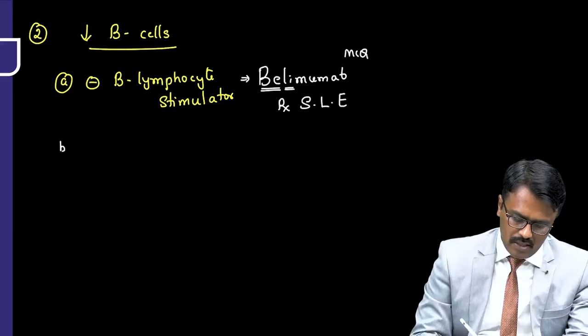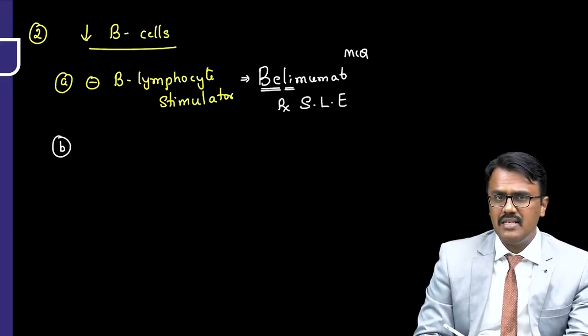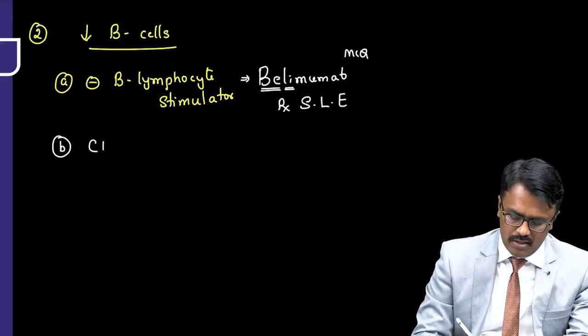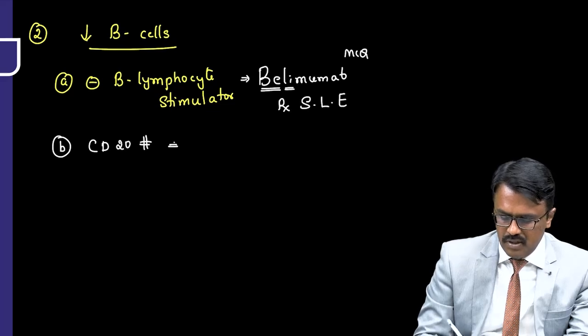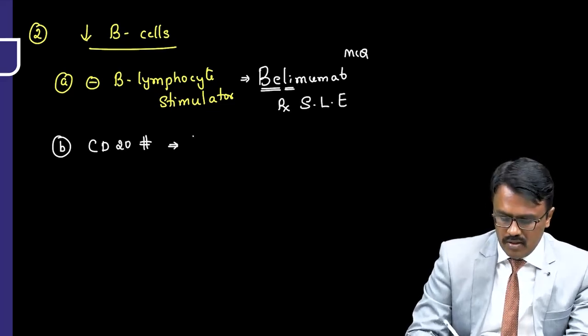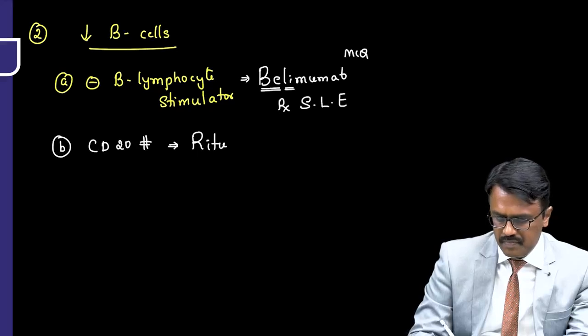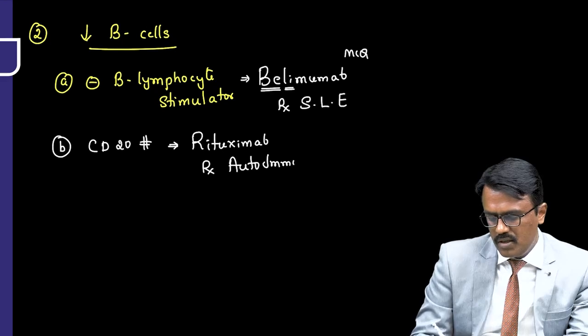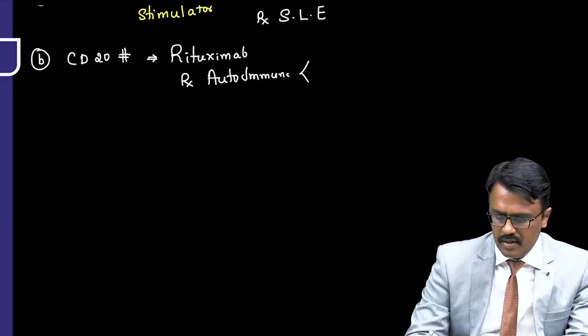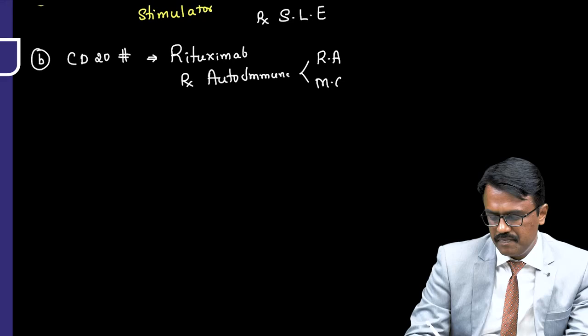Now, apart from that, you know that the cells contain CD factors. You can block the CD factor, CD20 blocker. So the CD20 blocker is called rituximab. Rituximab is used to treat autoimmune disorders, namely rheumatoid arthritis and myasthenia gravis.